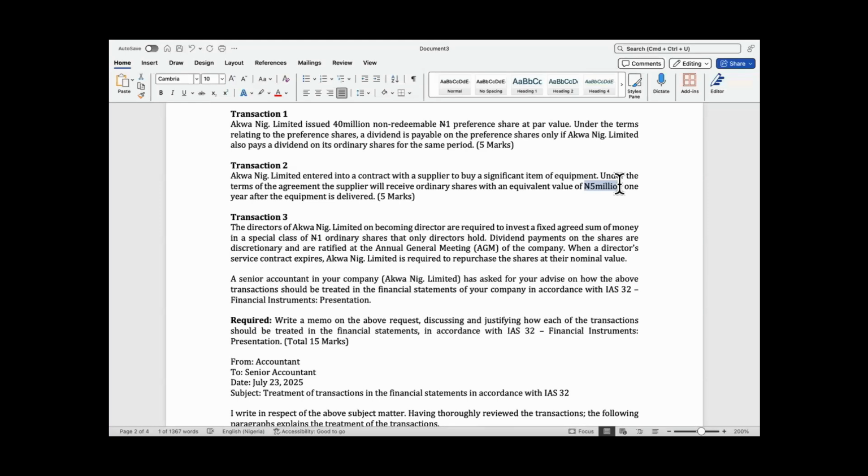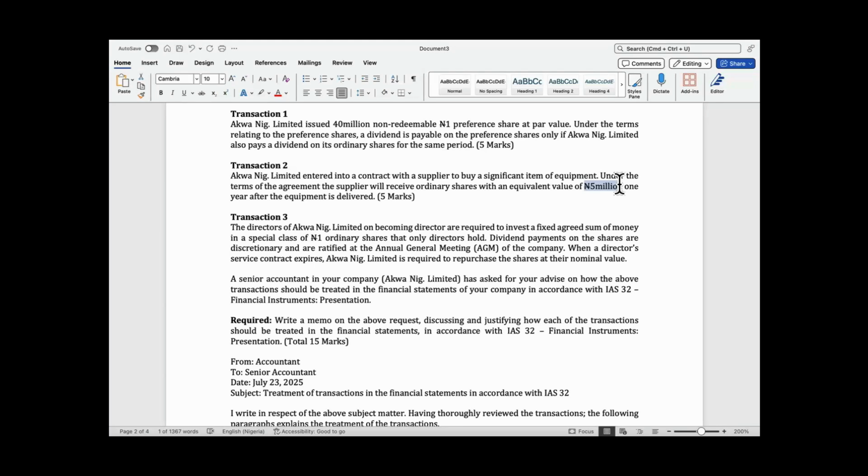IAS 32 says that when an entity is issuing a variable number of shares, you cannot credit equity. I don't know how to explain this to you, but indirectly there is an exposure. There is an obligation for us when we are issuing a variable number of shares.